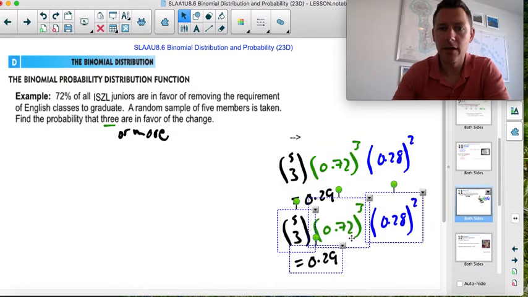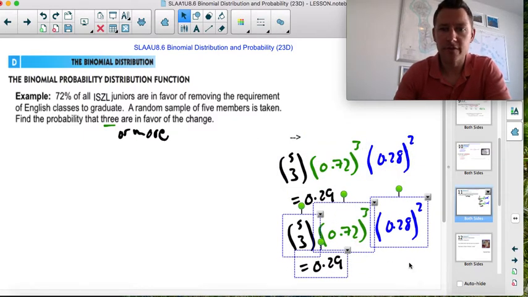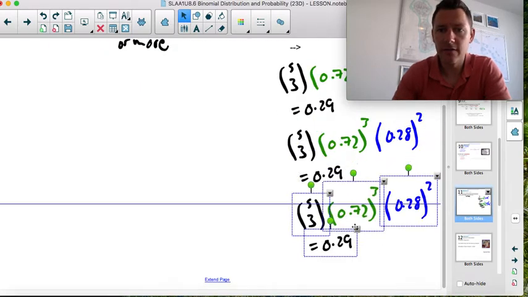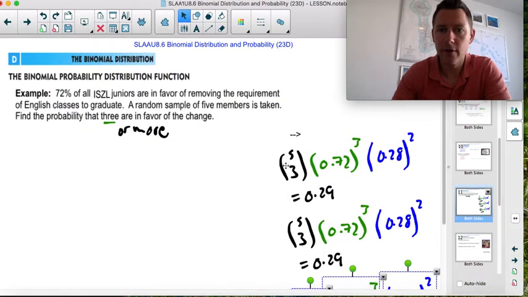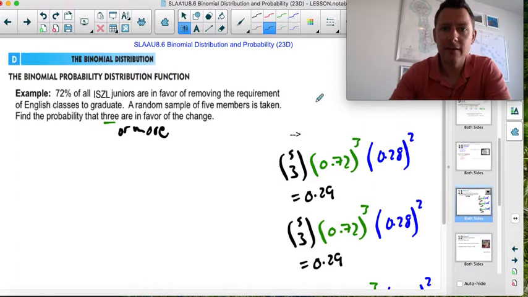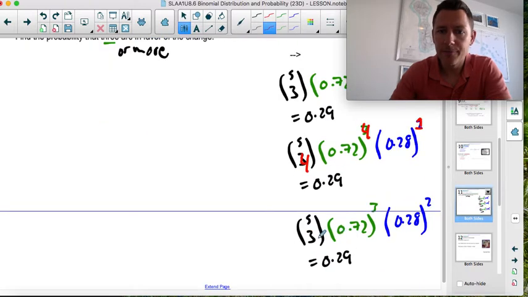This would be the probability of 3 people saying yes. This would be the probability of 4 people saying yes. And this would be the probability of 5 people saying yes, right? Everybody says yes, nobody says no. 4 people say yes, 1 person says no, and that changes the exponents.